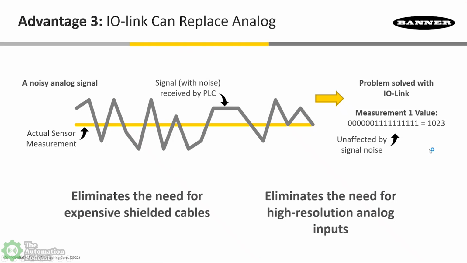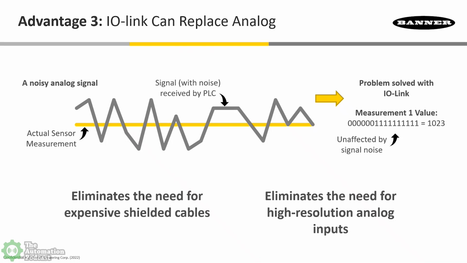Talking about some more advantages, this is a big one. IO-Link in a lot of cases can actually replace analog. With IO-Link, you can avoid costs associated with shielded cables and also analog input cards if you switch from analog to IO-Link. By using the IO-Link process data on the device as opposed to the analog output on the device, you can avoid the digital to analog and analog to digital conversions and provide the highest quality measurement that is a robust digital signal that's immune to noise.